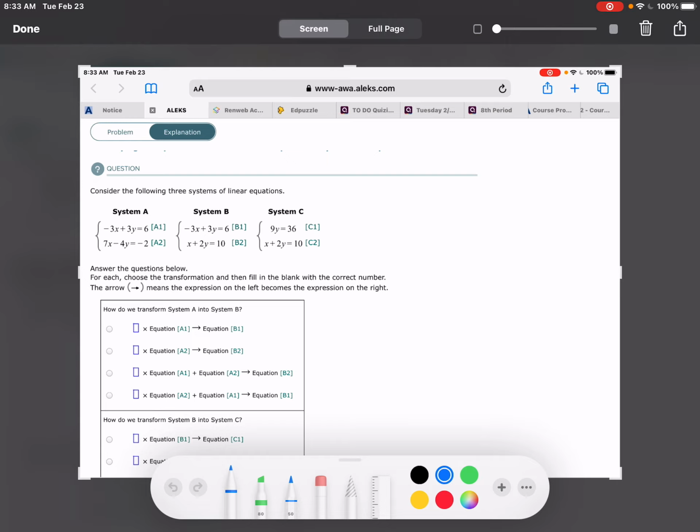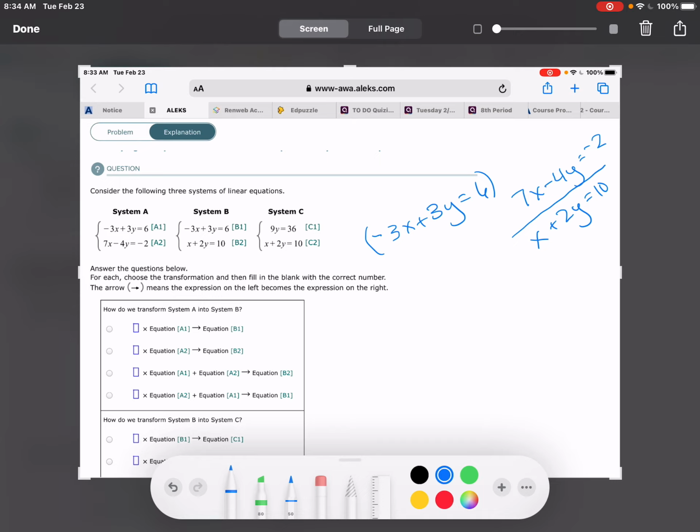So the only way we could change that equation to get from A2 to B2 is if we had taken the A1 equation, multiplied it by something, and then added it to this equation to get this equation.